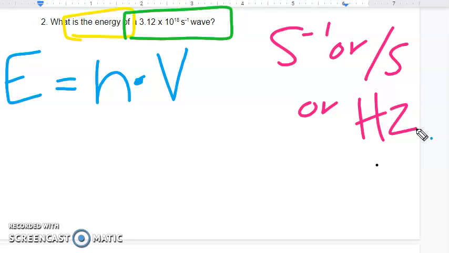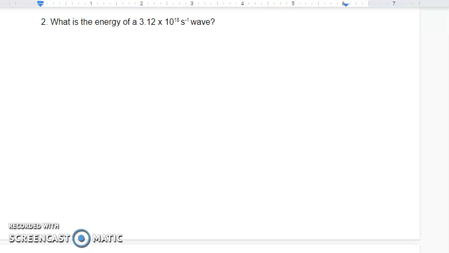And so this is my unit of measure for frequency. Now generally, I use the per second because I think it's not quite as scary looking. I find a lot of times students get a little concerned when we have a negative exponent.